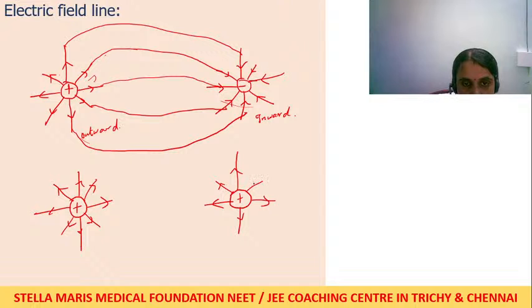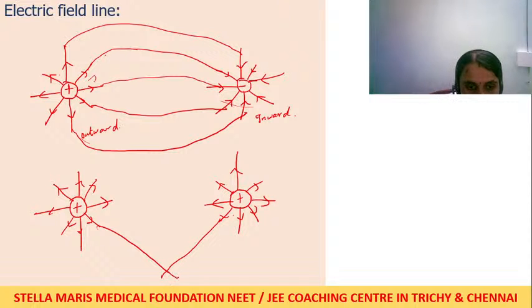From both, the electrons will be repelled. From this charge the lines come out like this, and from the other charge like this.